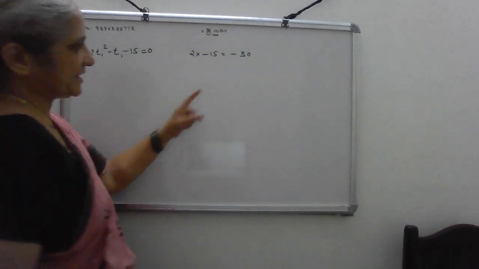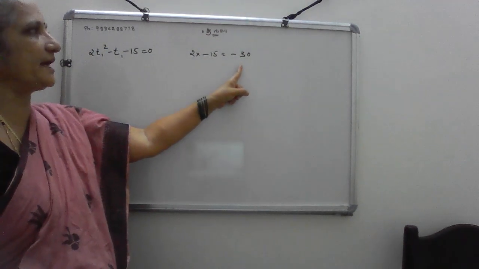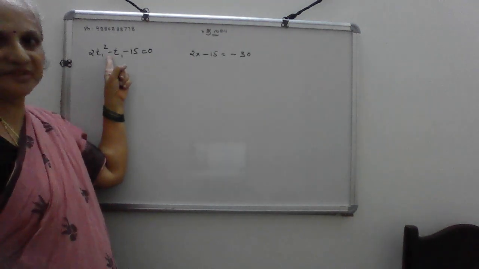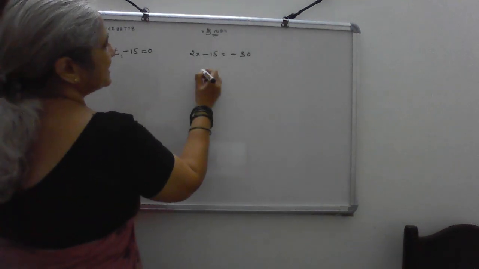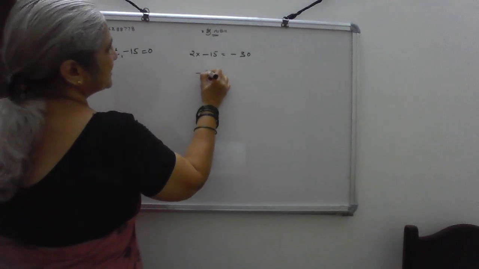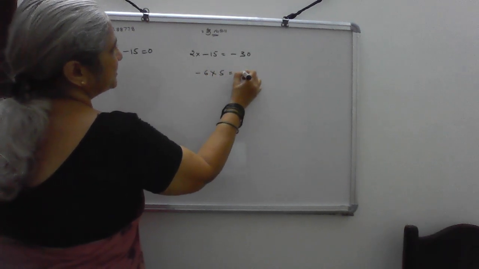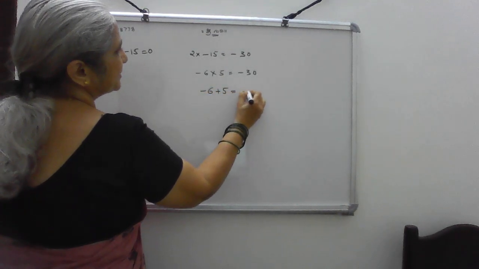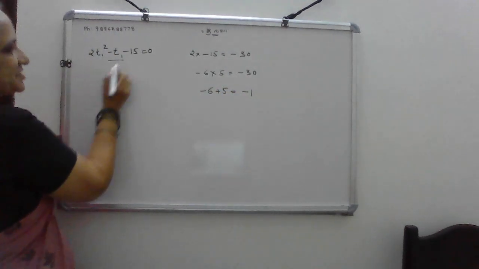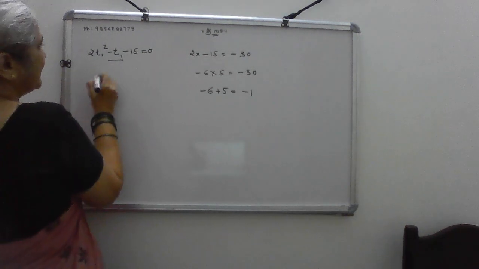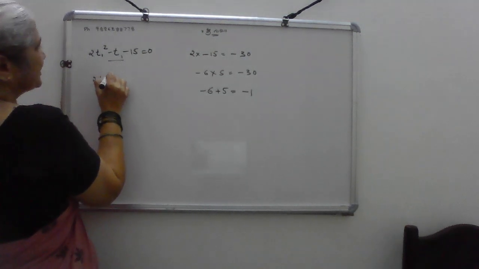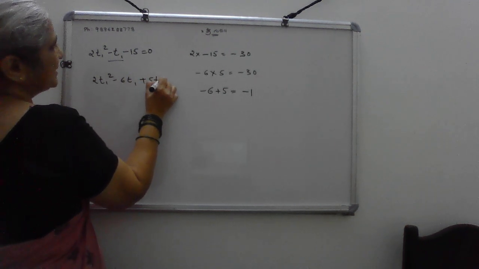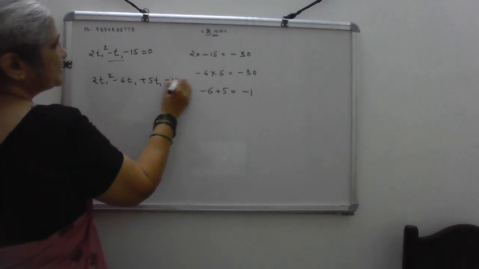We have to find the factors of minus 30 in such a way that their sum should be minus 1, the coefficient of the middle term. Minus 30 can be written as minus 6 into 5 is equal to minus 30 and minus 6 plus 5 is equal to minus 1, which is the coefficient of the middle term. We can rewrite this as 2T1 square minus 6T1 plus 5T1 minus 15 is equal to 0.